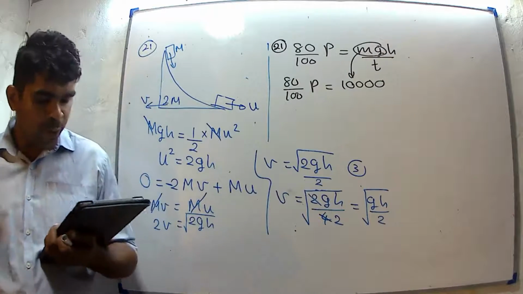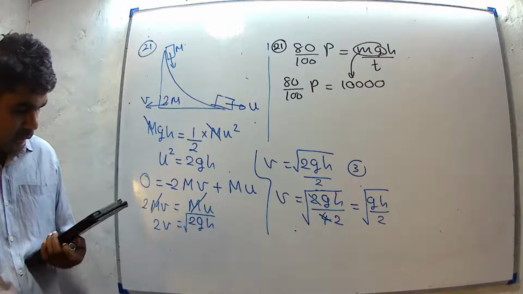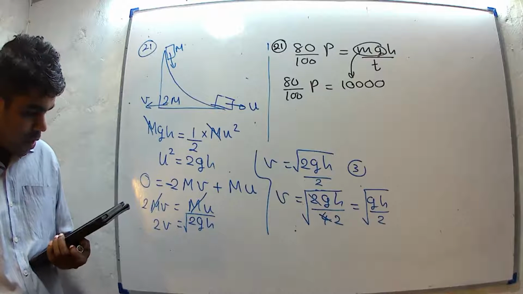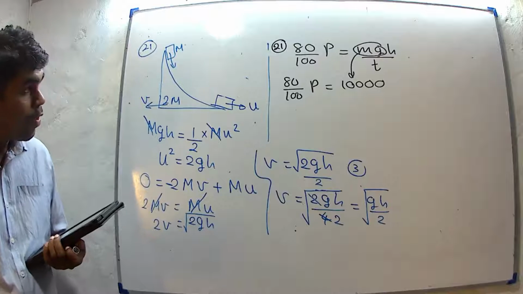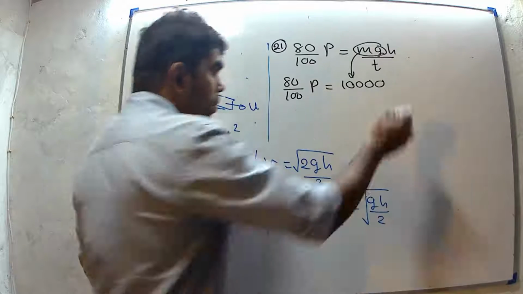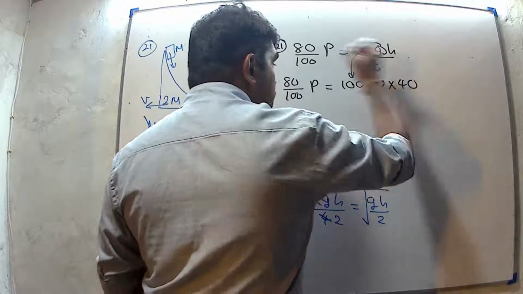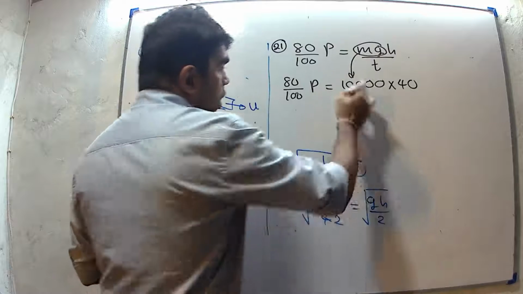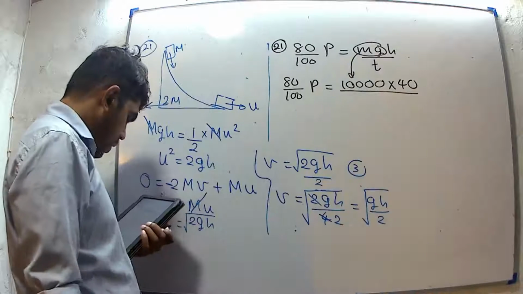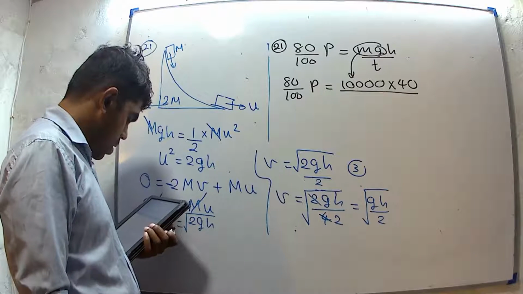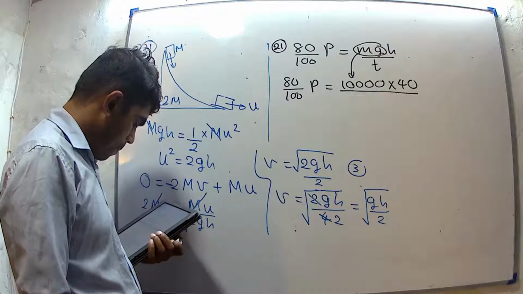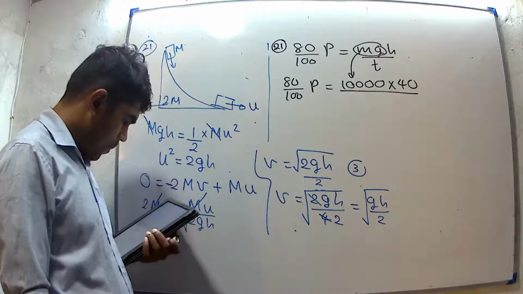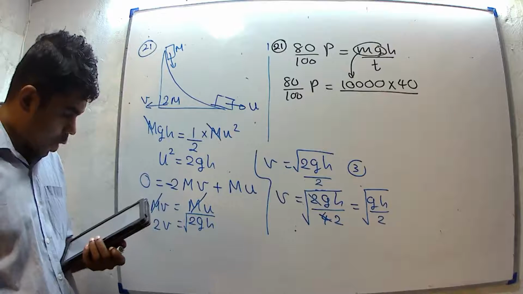Second floor to 12th floor, there are 10 floors. The height of one floor is 4 meters. 4 into 10, 40 meters is the height, divided by time, which is given as 20 seconds.